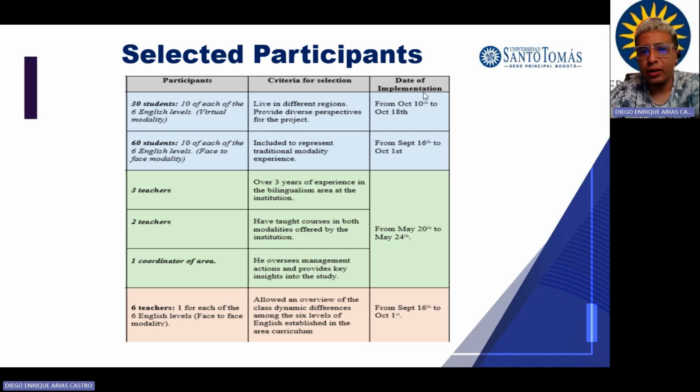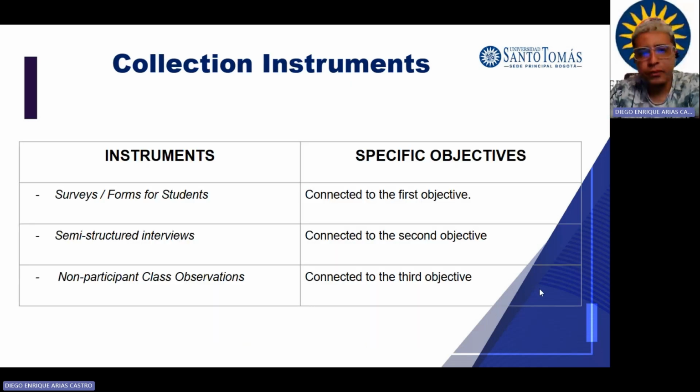Here you can observe also the criteria for selecting these participants and the implementation of instruments. It's important to clarify that, as all of these instruments were already applied, we are still in the process of analyzing the data of these instruments. So we are still going on it.